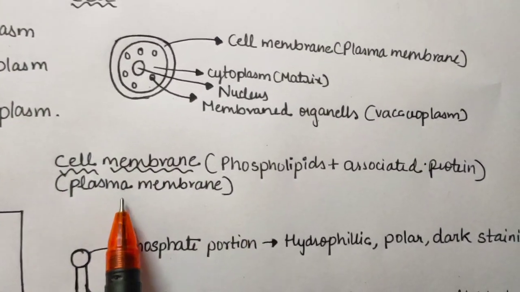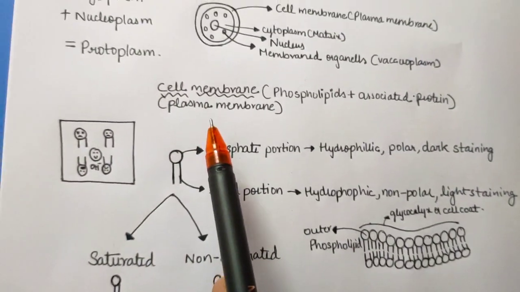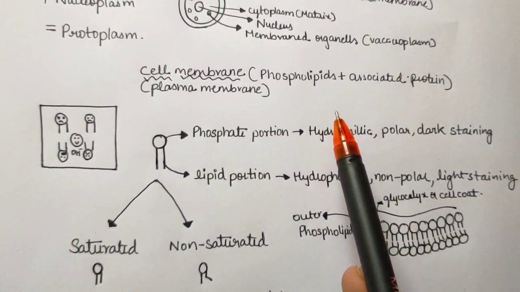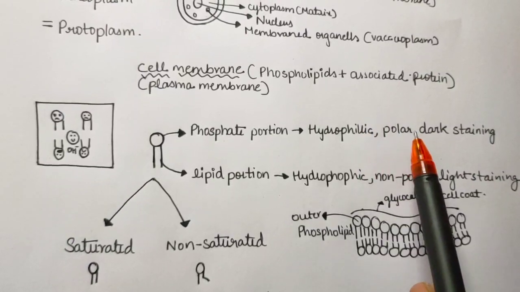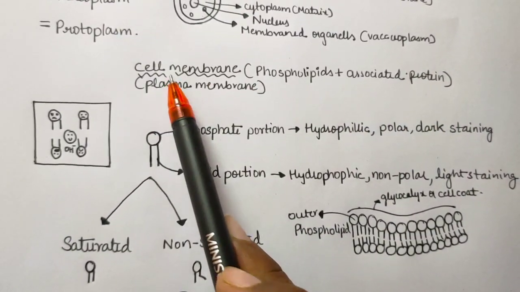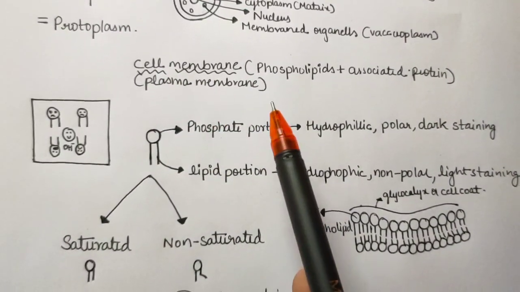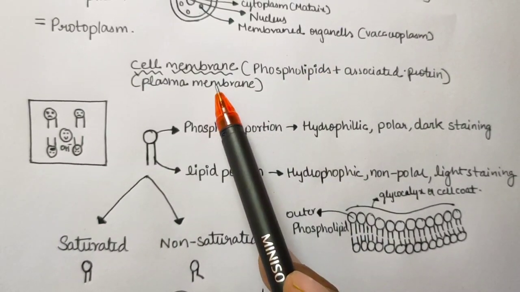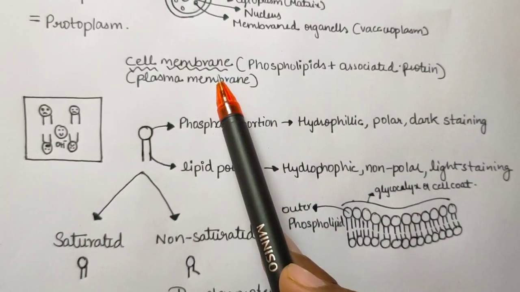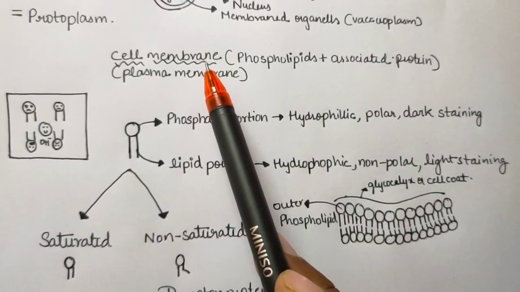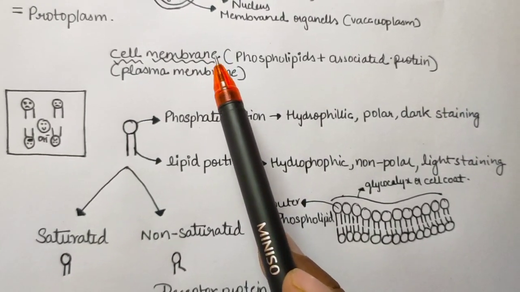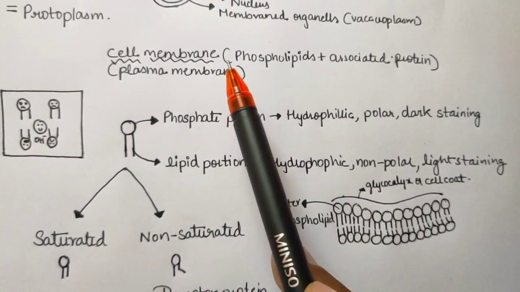Now let us move on to the cell membrane. The cell membrane is made up of phospholipids and associated proteins, and it is also known as the plasma membrane. The cell membrane is about 7.5 nanometers thick, and it shows light and dark staining.